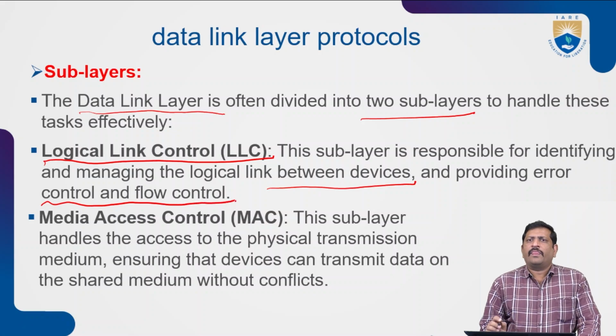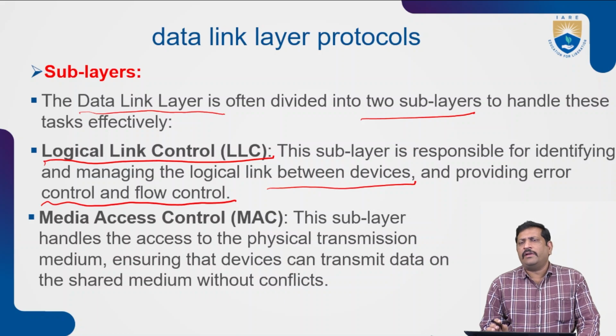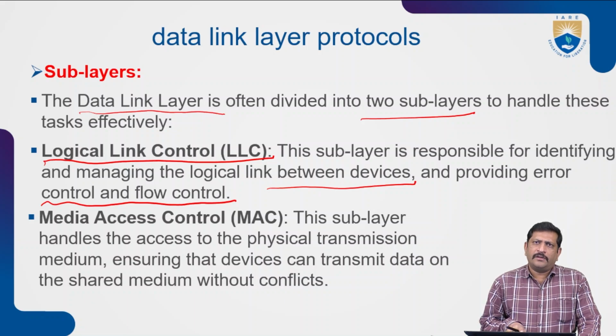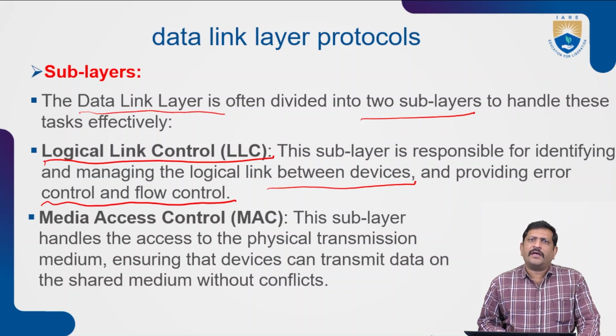Flow control also controls the data rates, so based on the available bandwidth, the data can be transferred from one node to another node. That means the required data can be transferred.